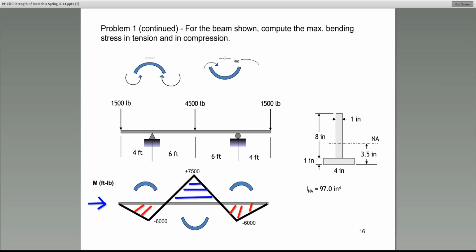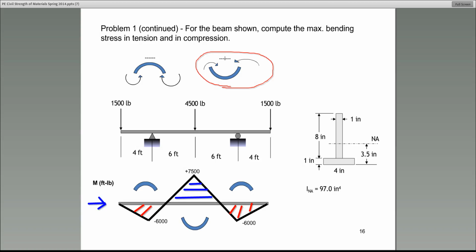you need to understand the effect that positive moments have on a beam. And what I need for you to do is take a look up here. You see this? You see that? That is what happens when a beam is subjected to positive moments.